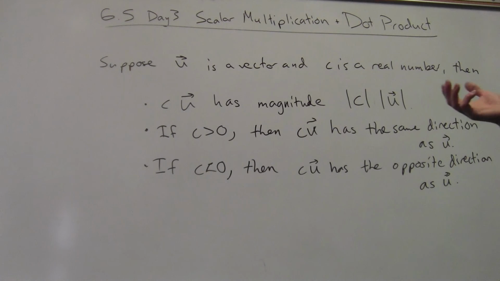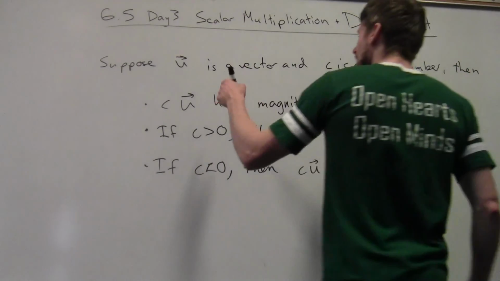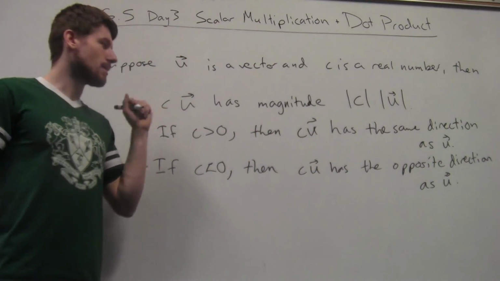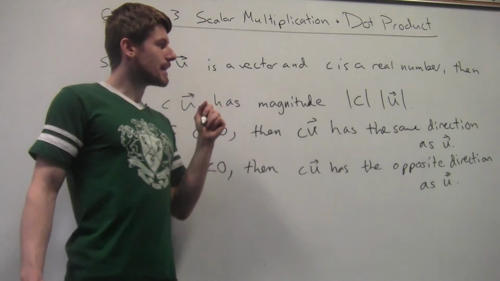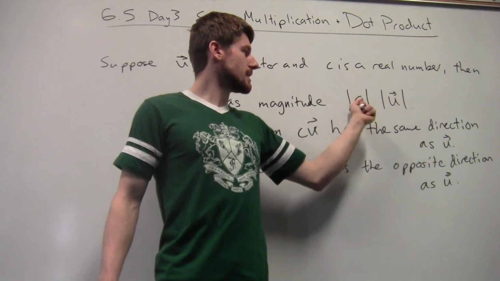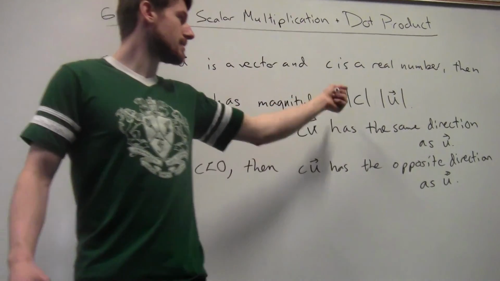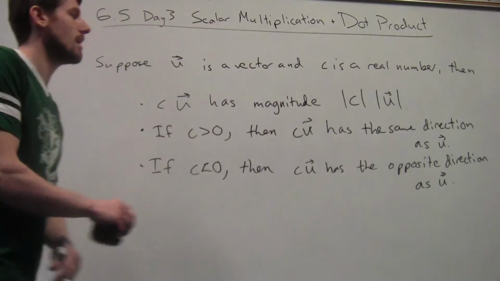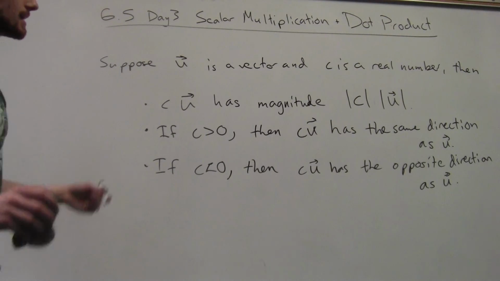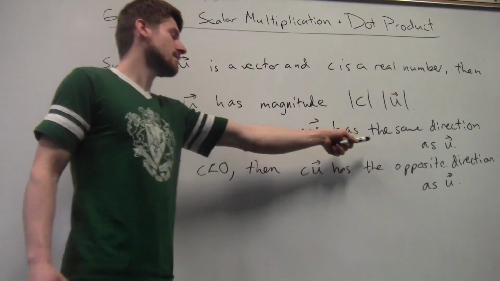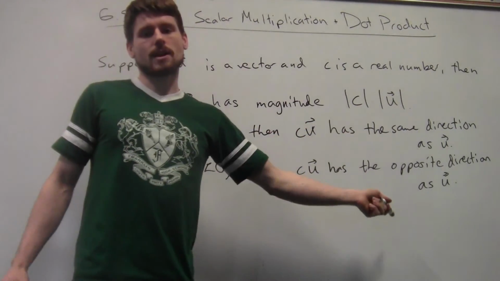And so that's our notion for scalar multiplication. You get another vector when you multiply a vector by a scalar. The vector that you get has length c times the length of the initial vector, and it has either the same direction or the opposite direction.